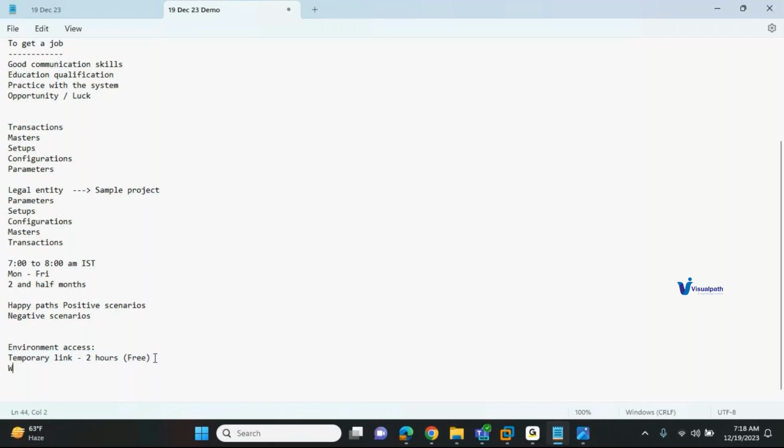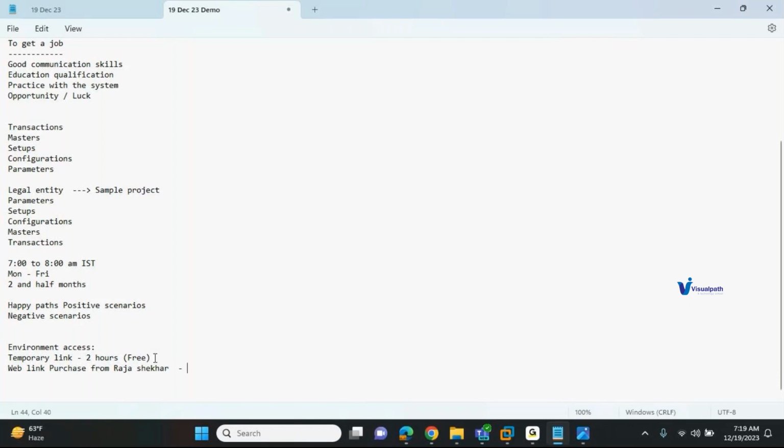One is a web link, purchased from a third person, Rajashekar. You can purchase from Rajashekar.